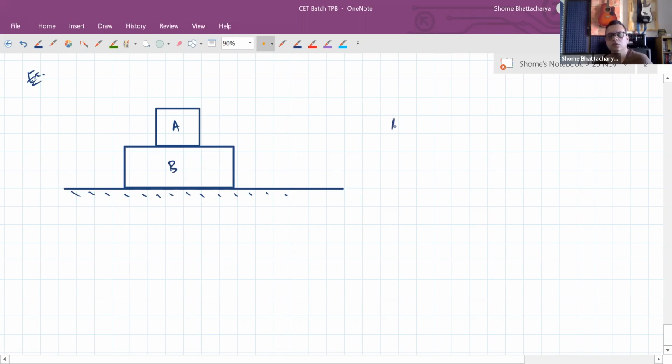Okay. So A and B are two blocks of masses, let us say 2 kilograms and 3 kilograms.